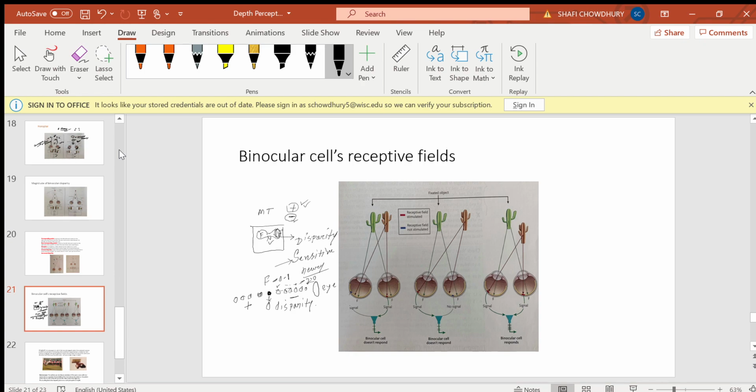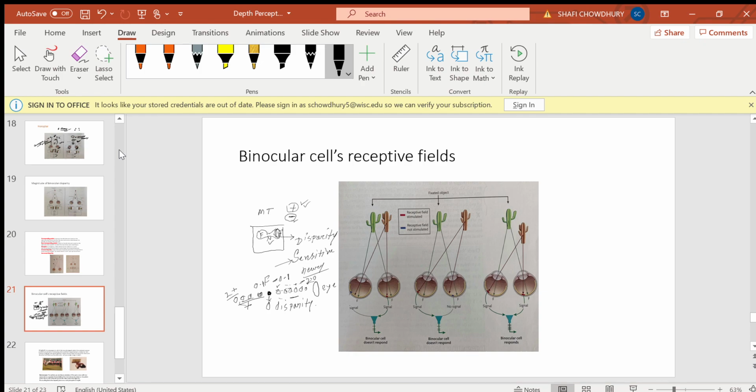And same thing here, this is like 0.1 positive, and this is 2.0 positive. So these neurons are gradually getting larger disparity. That's why you have a systematic map in these patches in the MT, and different neurons respond to different disparity.